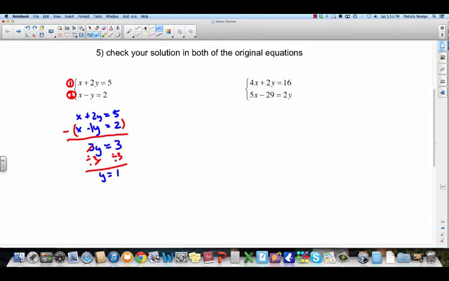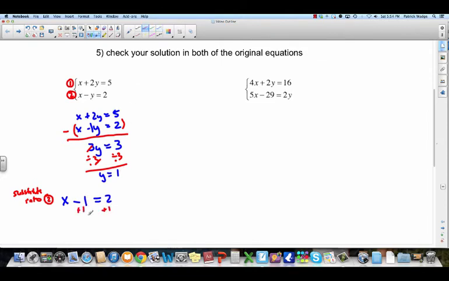So, let's substitute into, which one looks easier? It'll work in both of them. I'm going to substitute into 2. So what that means is I have x take away, I'm not going to write y, I'm going to write 1, because that's how much y is, equals 2. And now all I have to do is solve that. Well, that's no problem.